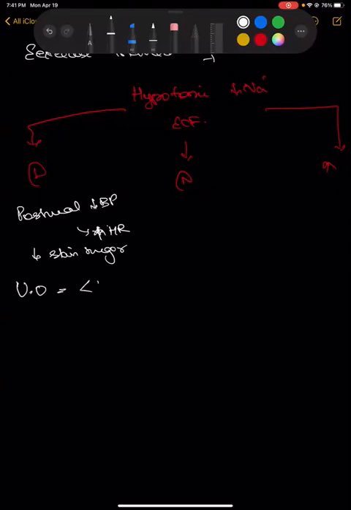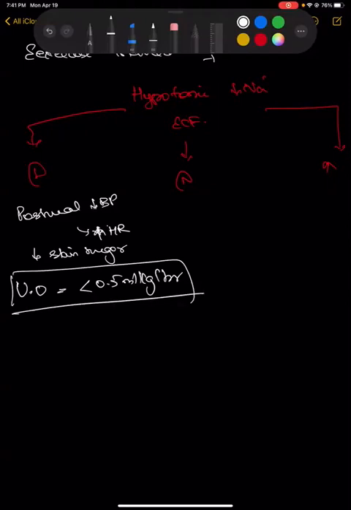If there is less than 0.5 ml per kg per hour, oliguria. If the patient is having oliguria, this is the most specific indicator of a hypotonic hyponatremia.